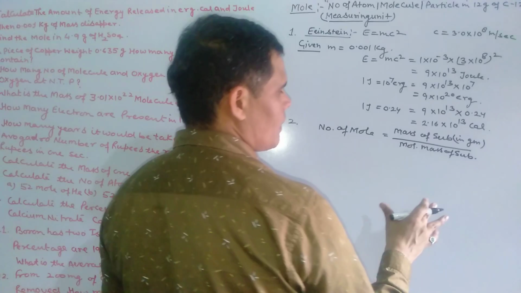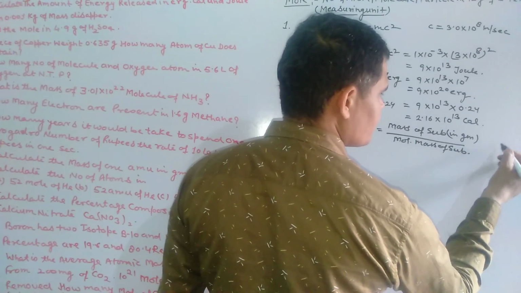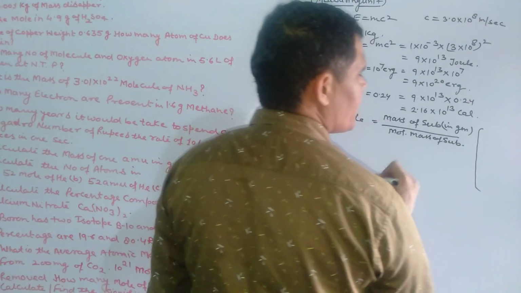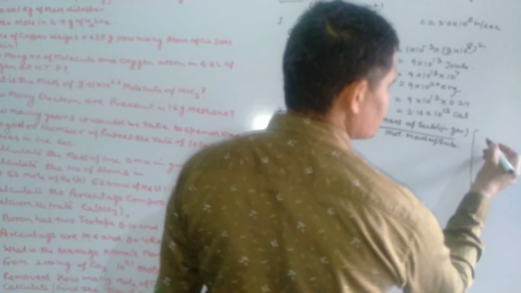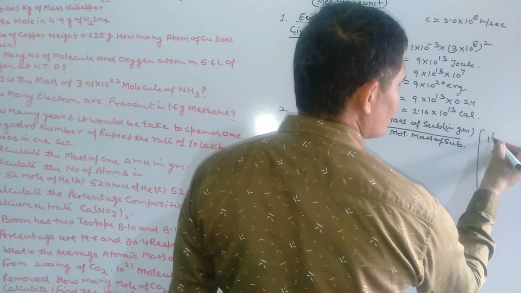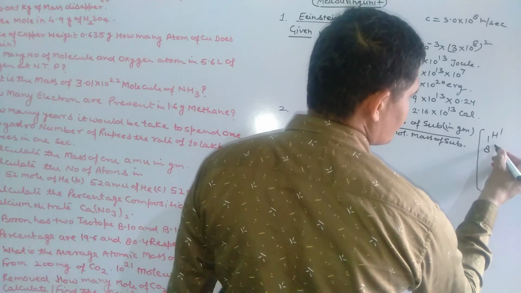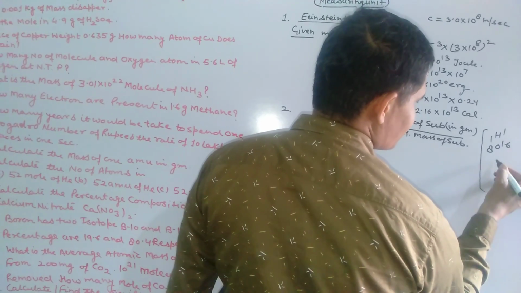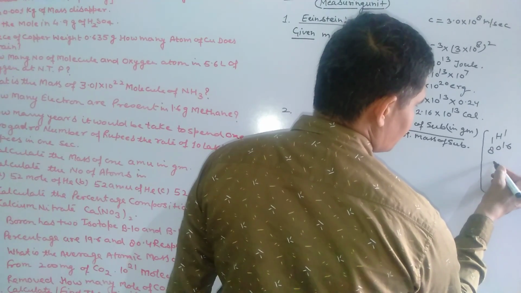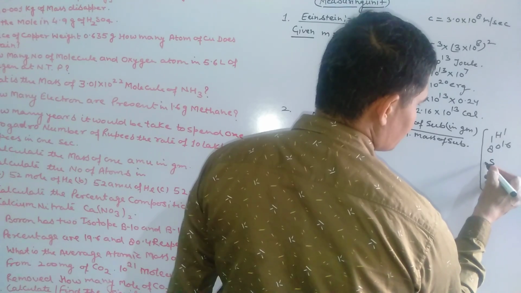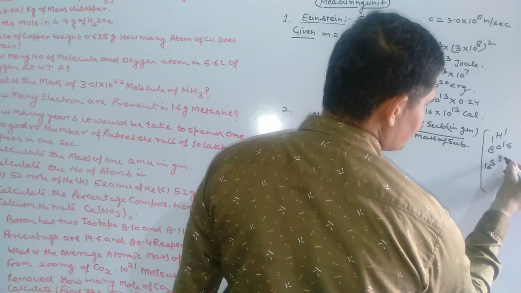Here I want to give some atomic mass of elements like hydrogen 1H1, oxygen 8O16, sulfur 16, sulfur 32.